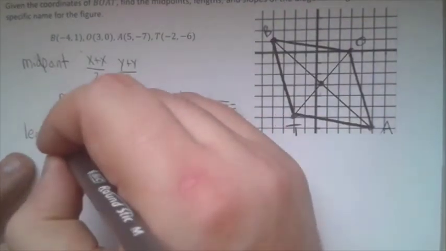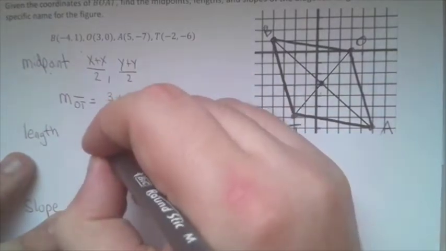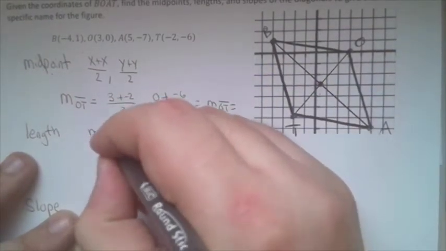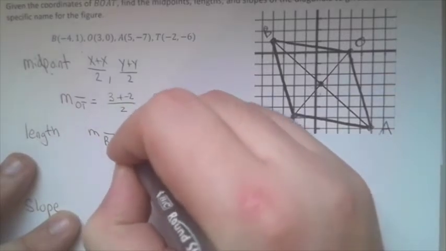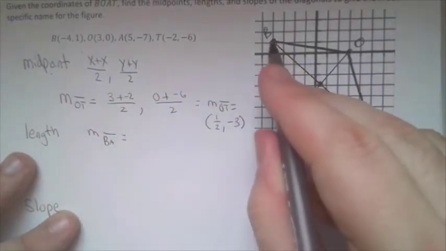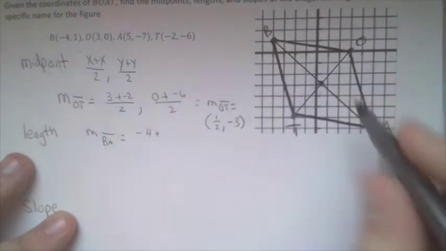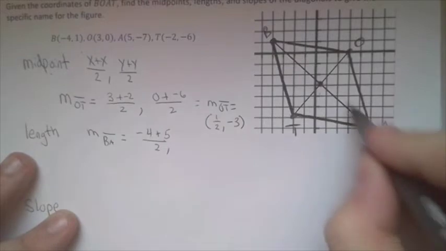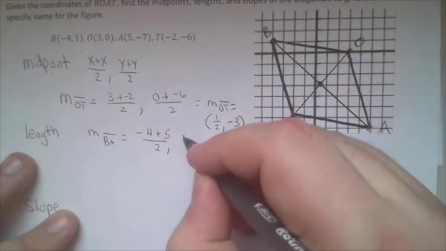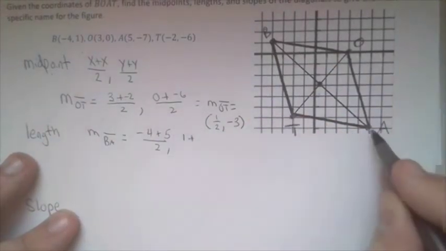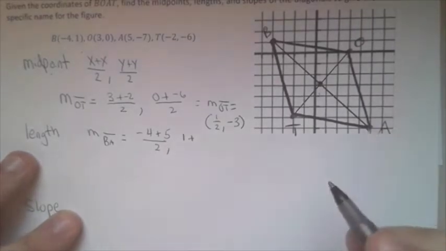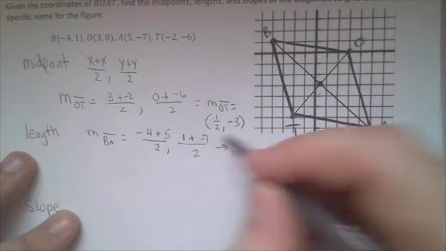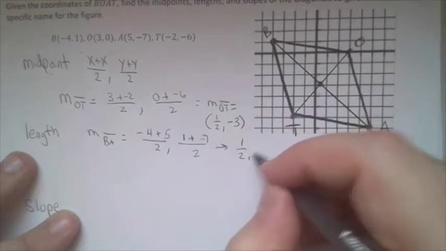If we also find the midpoint of BA, we would say that would be negative 4, the x value, plus 5, the x value, divided by 2, comma, 1 plus negative 7 over 2, and this would end up being 1/2, comma, negative 3.